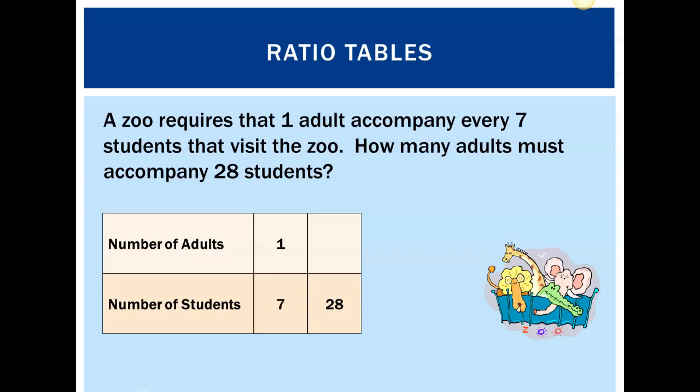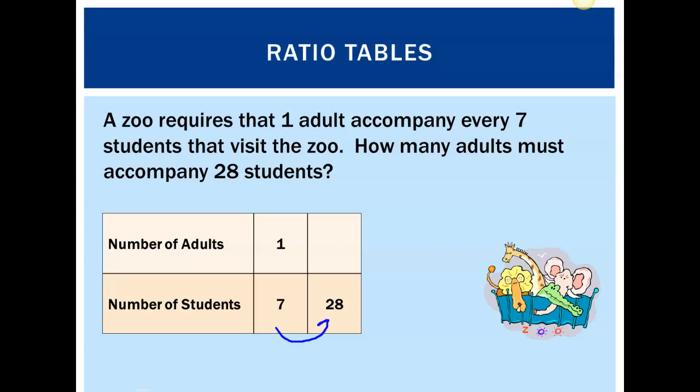Whenever we are using equivalent fractions, we want to either multiply both the numerator and the denominator by the same number, or divide both the numerator and the denominator by the same number. This ensures that the fractions remain equivalent. In this ratio table, we don't have those middle rows, and so we need to go directly from 7 to 28.